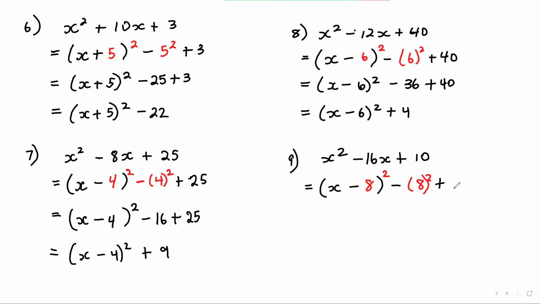So you're bringing down the x minus 8 squared. The 8 squared would be 64 plus 10. Good. And that would be minus 54. Thank you.